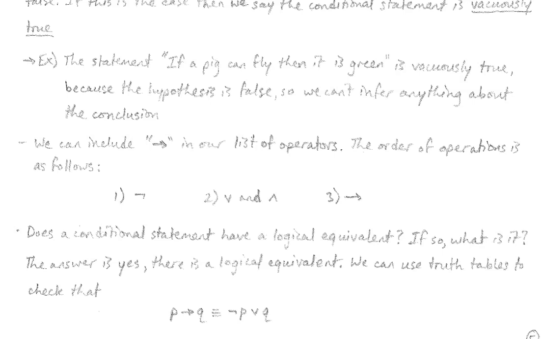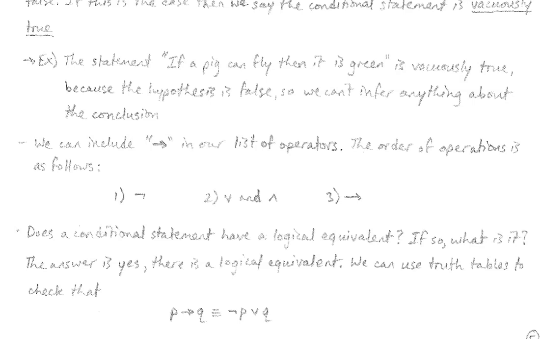And the logical equivalent of it, as you can see here at the very bottom, is not P or Q. In our next video, we will construct the truth tables for these two logical forms, and we'll see that these things are indeed logically equivalent. They have the same truth values no matter the combination of truth values for P and Q on their own.